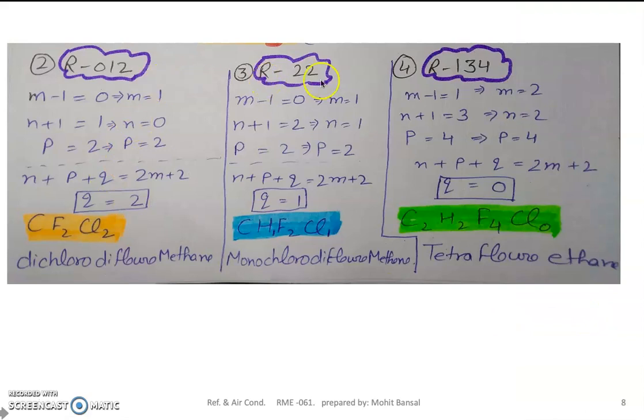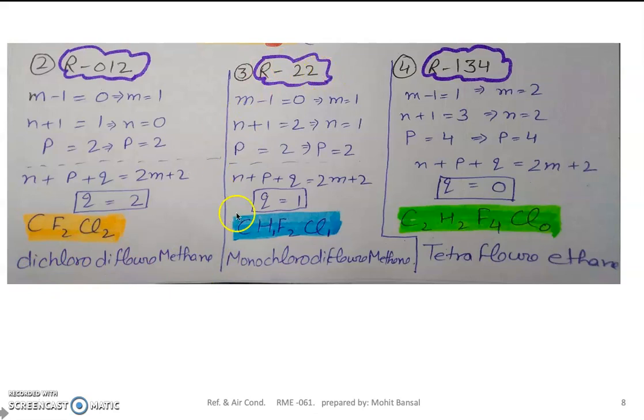Now moving to the next one, R12, R22, R134. Similarly, you can calculate or write on your own the chemical names of the refrigerants R12, R22, R134. For R12, the name comes out to be CF2Cl2, which can be written as dichlorodifluoromethane.